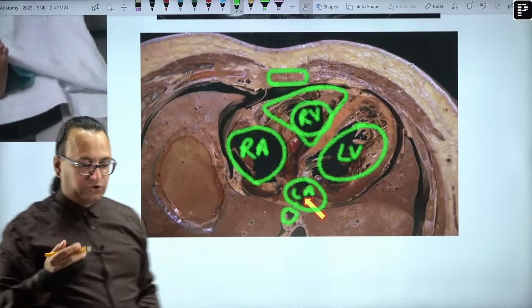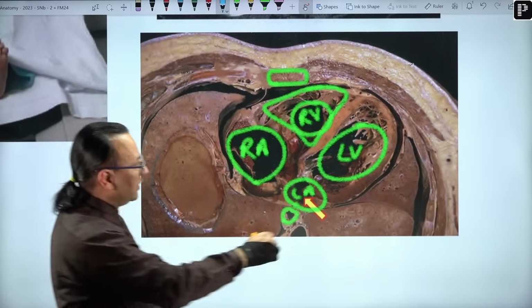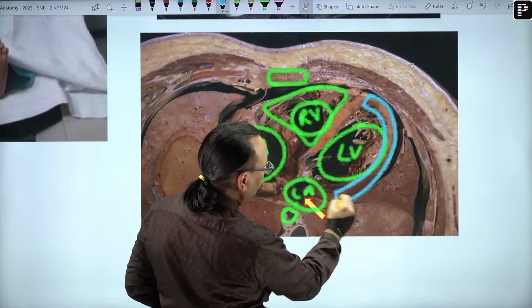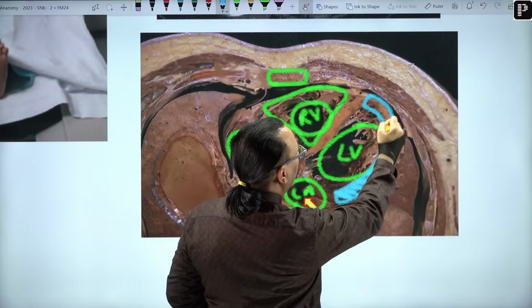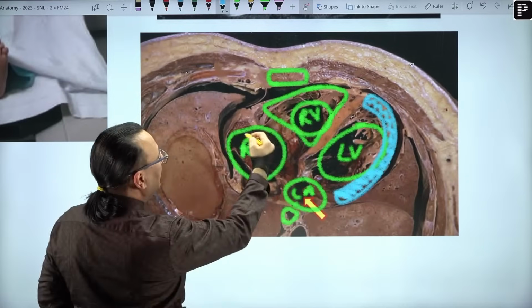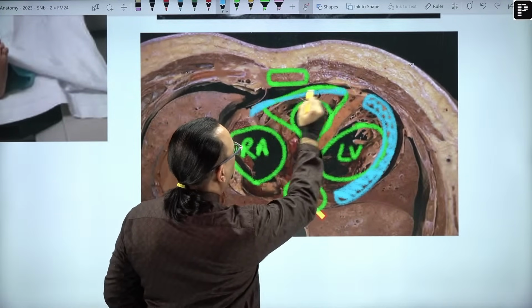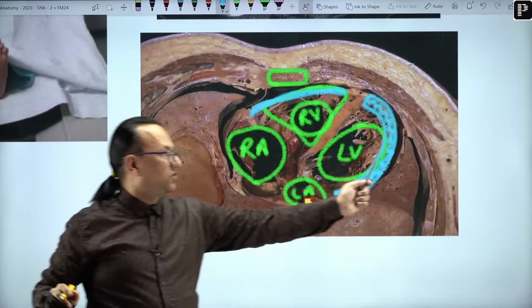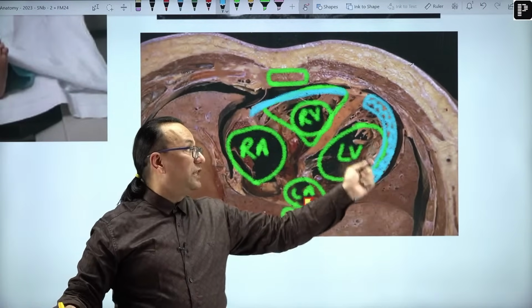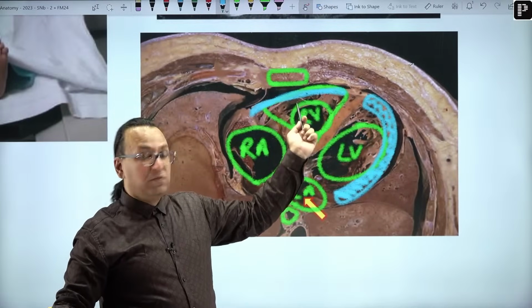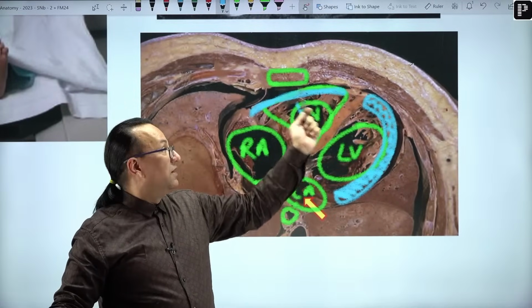One more thing you can appreciate is that the thickness of the muscle in the left chamber is quite thick as compared with the other chambers like the right ventricle. If you compare the thickness, it is 3:1, because the left ventricle is pushing blood into the systemic circulation throughout the body and the right is pushing blood into the lungs nearby.